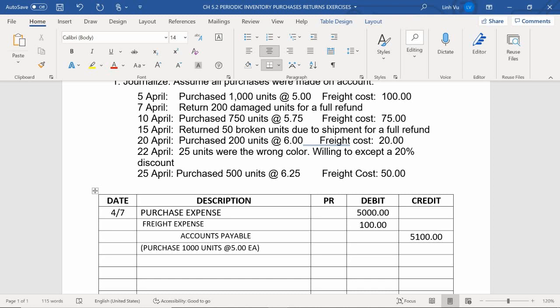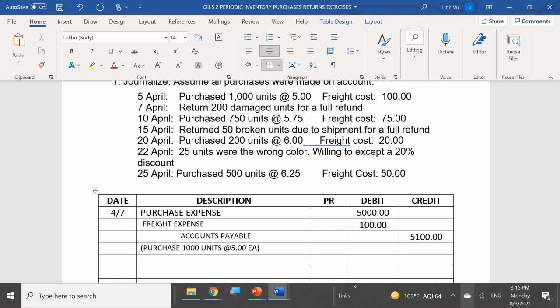We journalize the purchase of inventory. Then on April 7th, we end up returning 200 damaged units for a full refund.